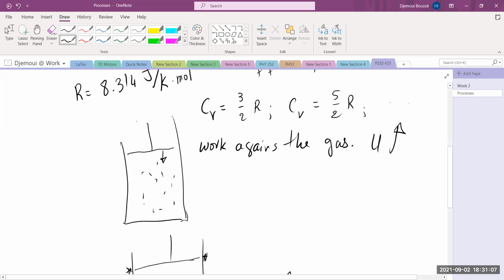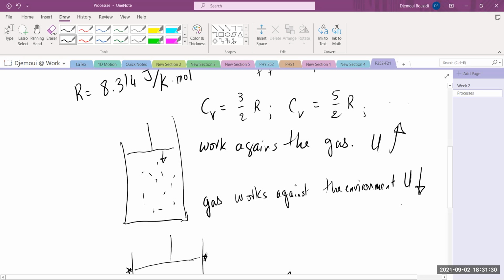Where is that energy going to come from? It must come from the internal energy of the gas. So now, if the gas works against the environment, then in this case, clearly U is going to be going down.